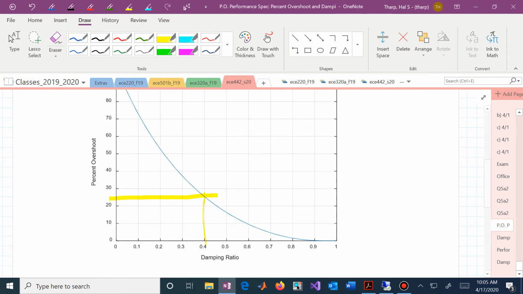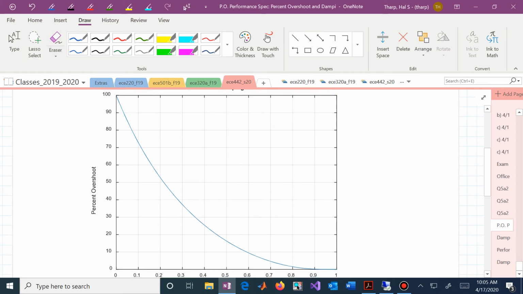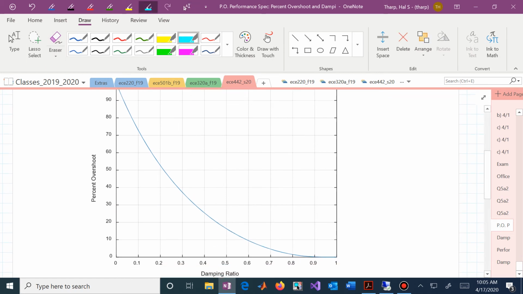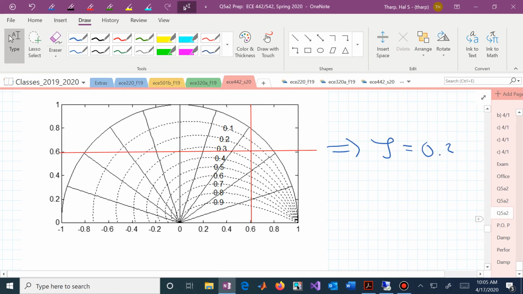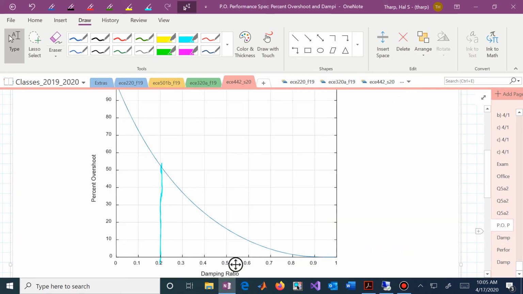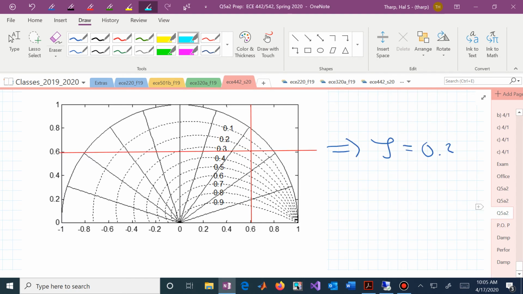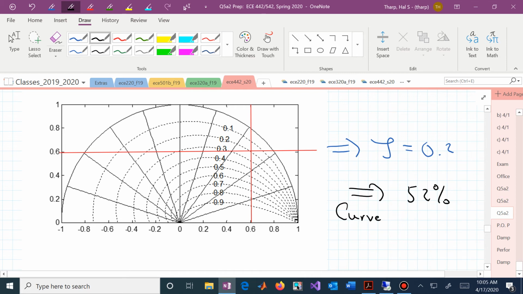Now we can go to this percent overshoot and say, oh, if I have a zeta of 0.2, then I can find the percent overshoot, and that looks to be 52% from this curve. So now this zeta value from the curve or from the formula, you can plug that in, now gives us a percent overshoot of 52%.